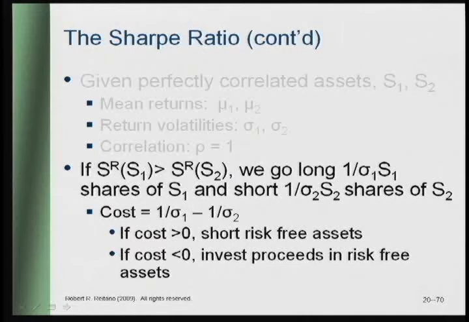In doing so, we're going to buy 1 over sigma 1 S1 shares of S1. So this is what we're saying: if, as an example, S1 was worth $100 and it had a sigma of 20%, then the number of shares we're going to buy is 1 over 0.2 times 100.